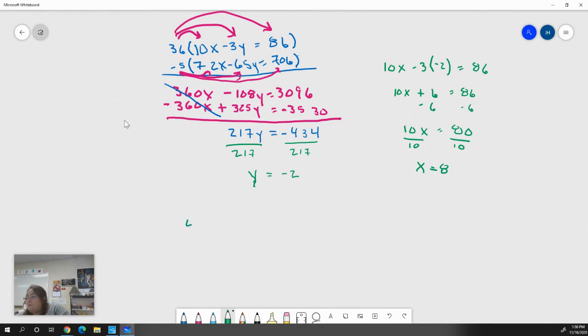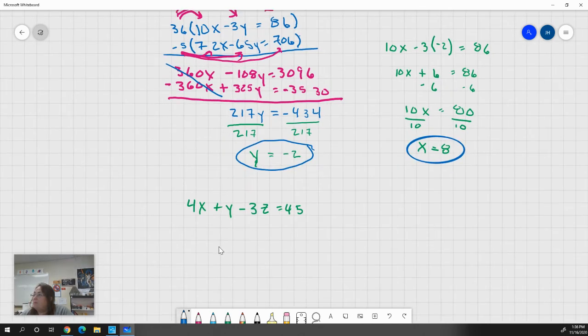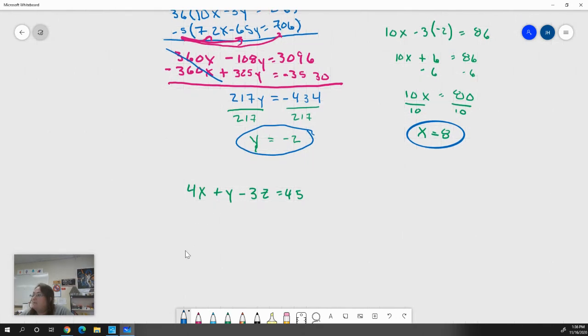I'm going to choose 4x plus y minus 3z equals 45. But what I already know about this is that y equals negative 2 and 8 equals x. So I can just plug those numbers in here, right?